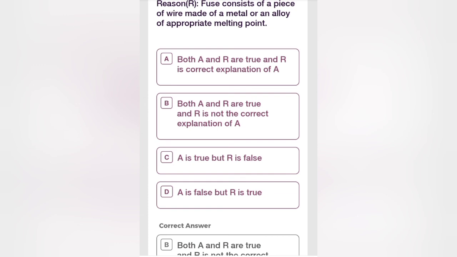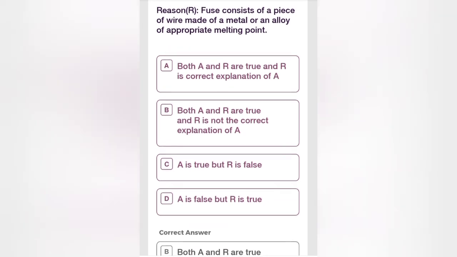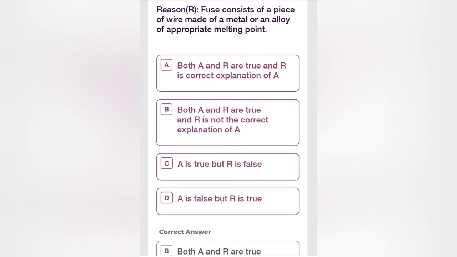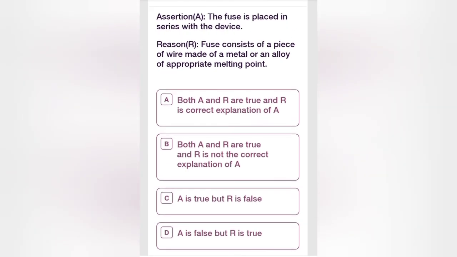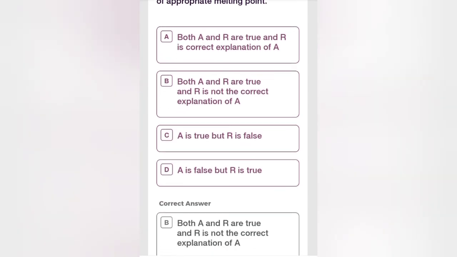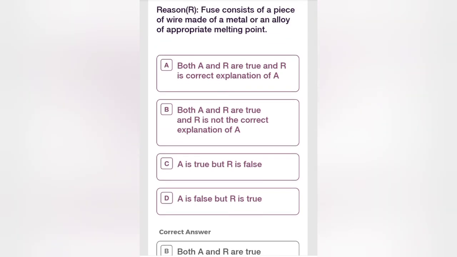So option A we cannot say, because it is not the correct explanation of the assertion. The correct explanation is not given. So option B is the correct answer. Both A and R are true. It is having the appropriate melting point, that means a low melting point.